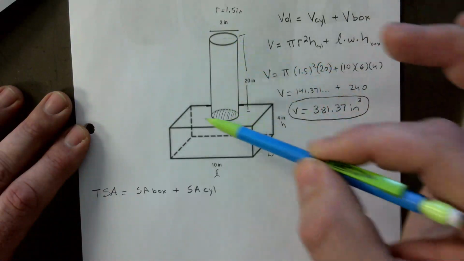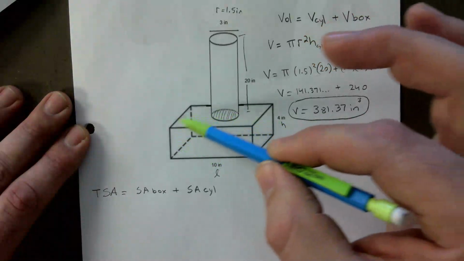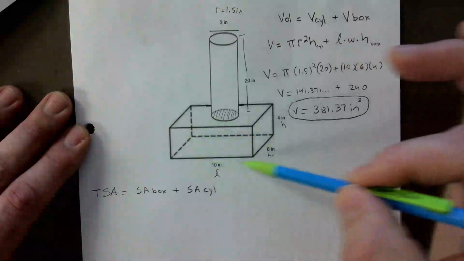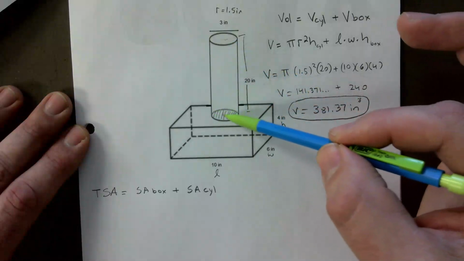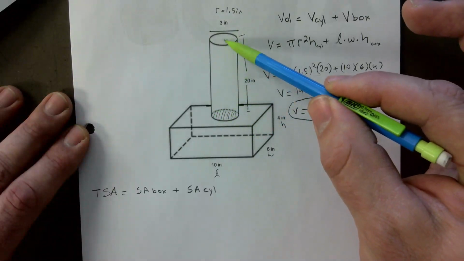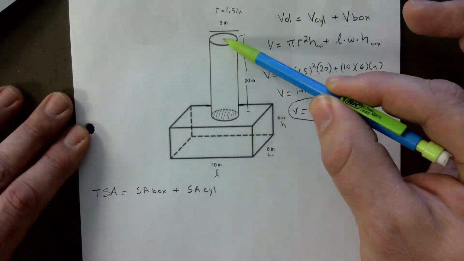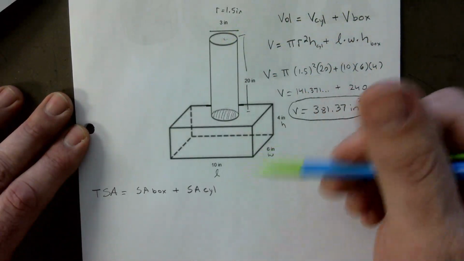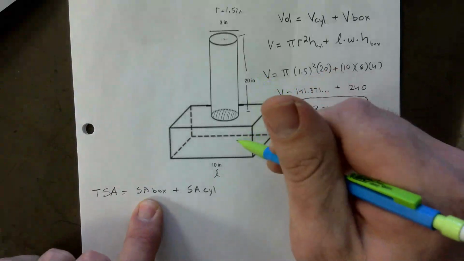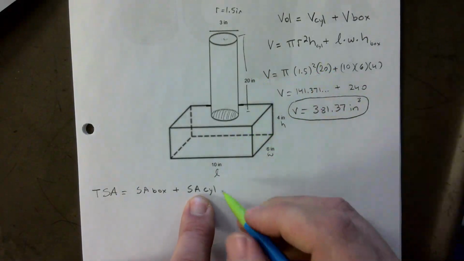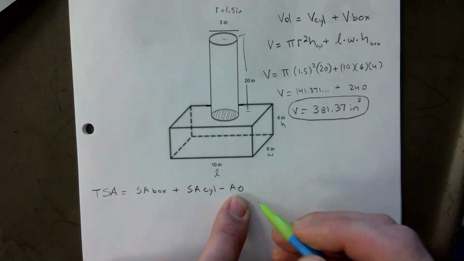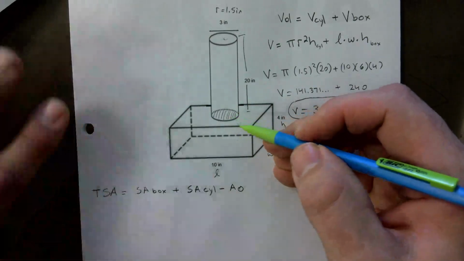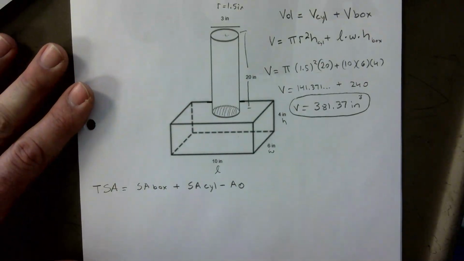So by figuring out the surface area of this entire box, we take care of the box and this little circle up here. I'm almost assuming it got cut out of here and placed on the top. Does that make sense? So surface area of box plus surface area of cylinder, but I got to go minus area of circle. I got to omit one of these circles here for me to get this right.